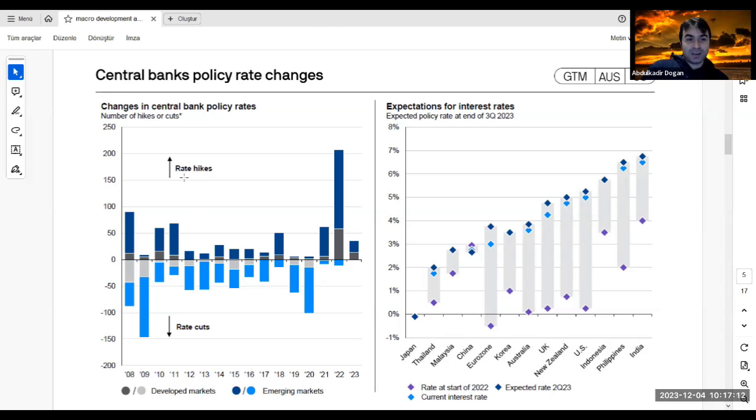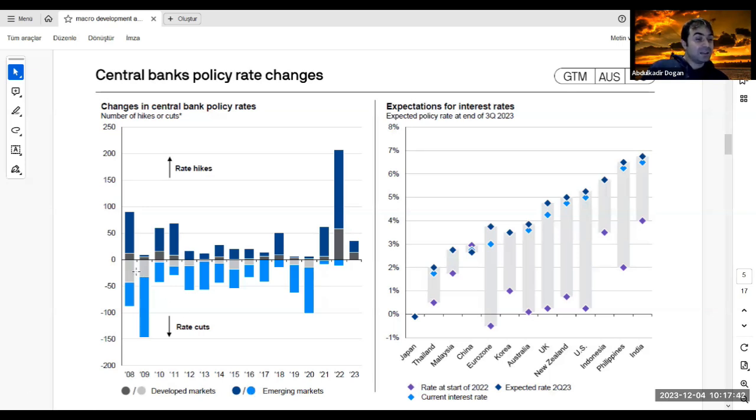Here, as you see, the left-hand side is 250, 200, or 150, showing the rate hike, and this is basis points. Please don't think this is an actual number. This is basis points. And as you see, the black and gray lines are the developed market interest rate hikes and rate cuts, and the dark and light blue are the emerging markets.